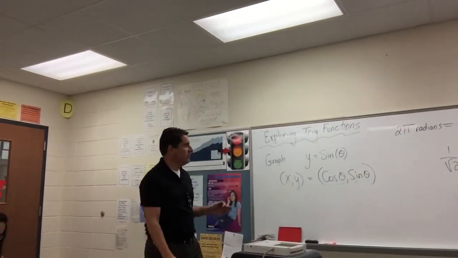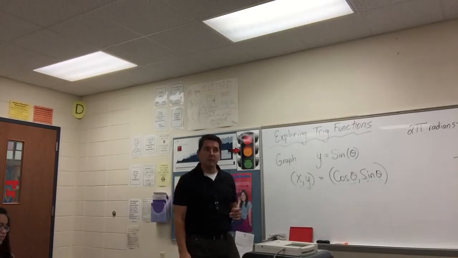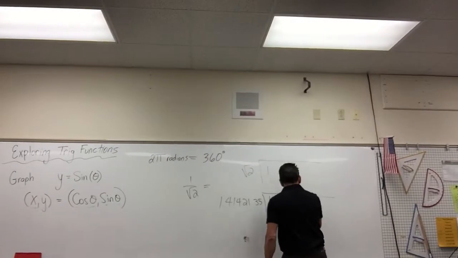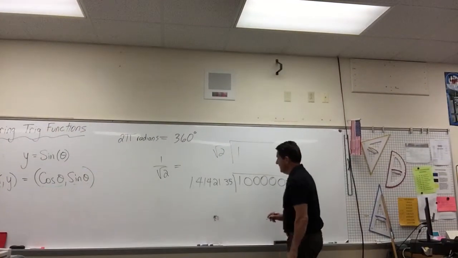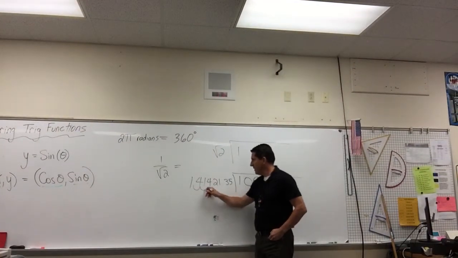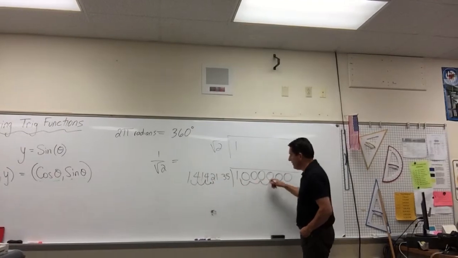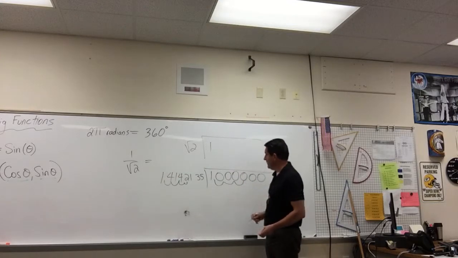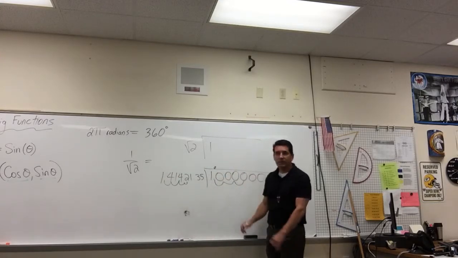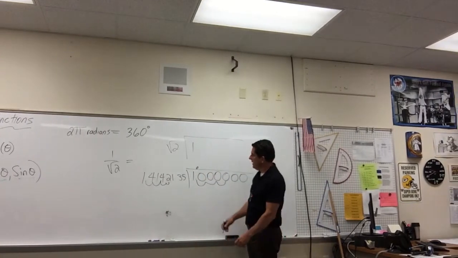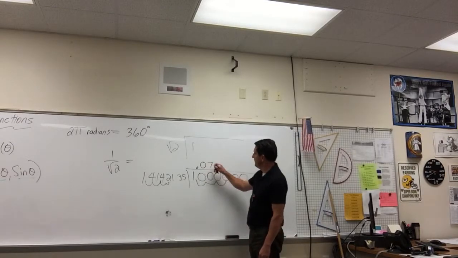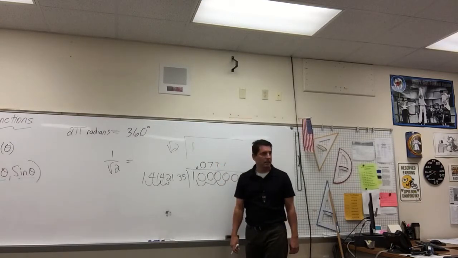How many times does 1.4142135 go into 1? I've got to put a bunch of zeros here, right? And I should probably move the decimal places. Remember you learned that? Then I'm going to multiply and get my answer, right? Maybe 0.0771, something like that.